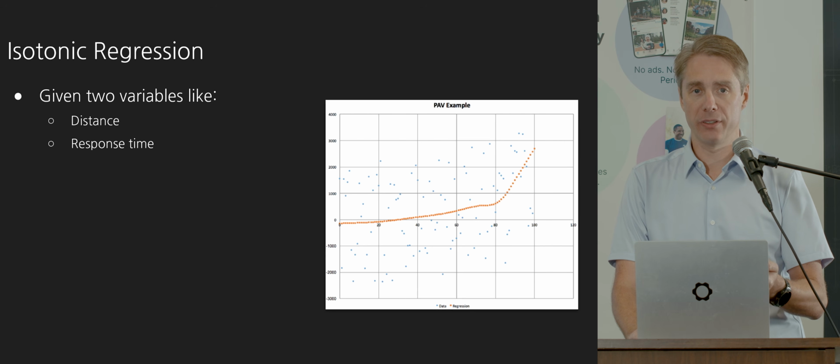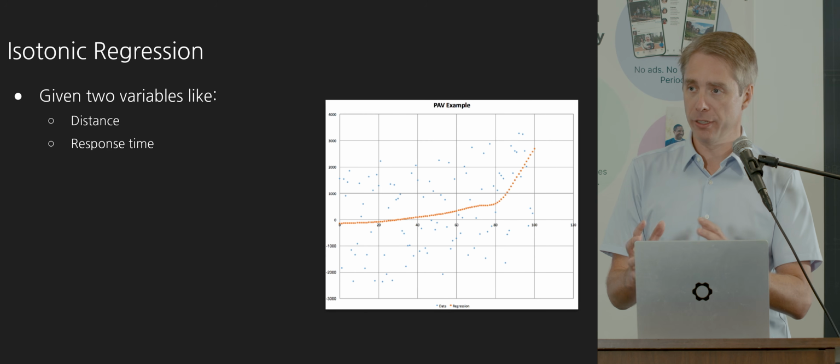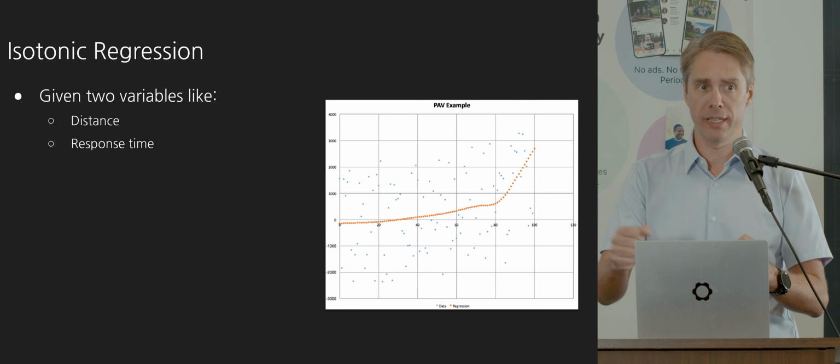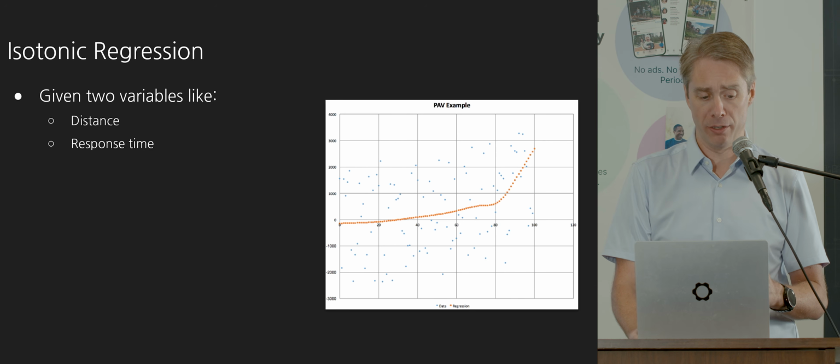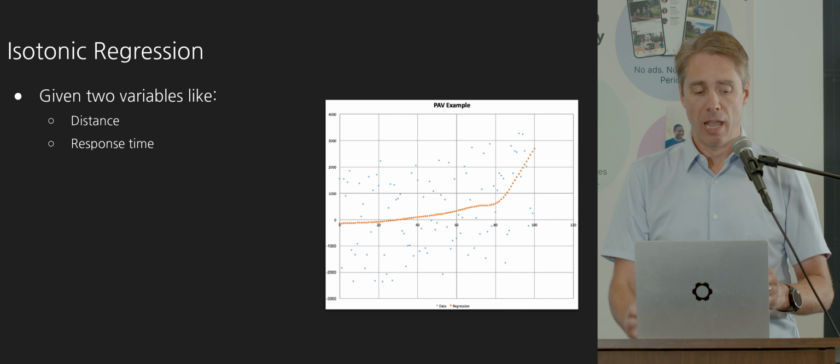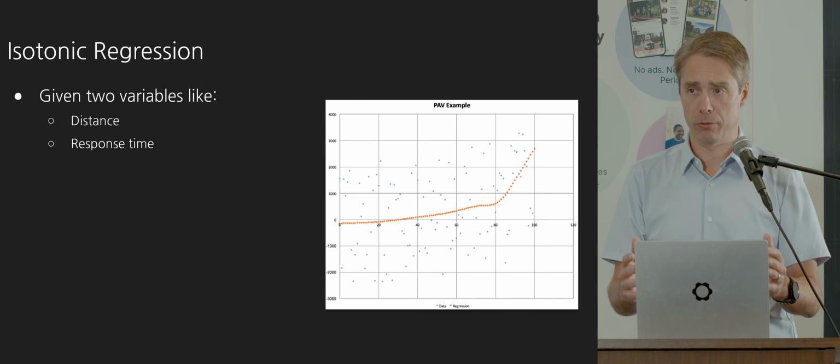One of the characteristics is that we would expect, on average, that the closer a peer is to the data you're looking for, the faster it will respond. And that's what's called an isotonic relationship.